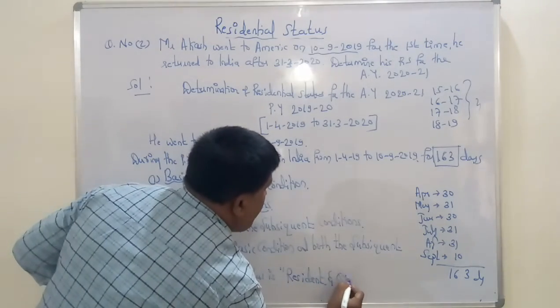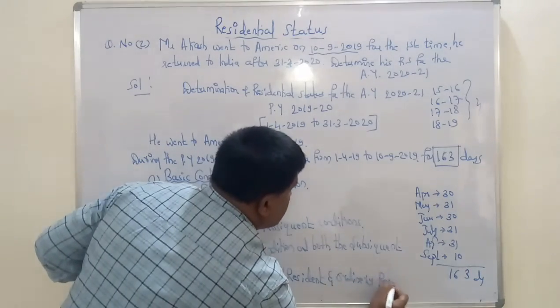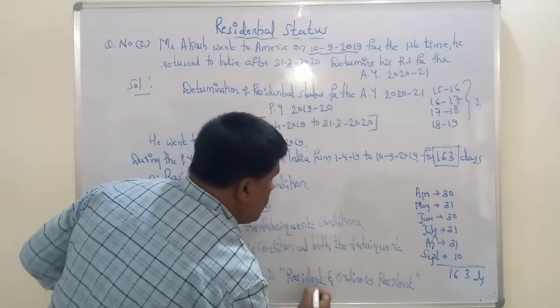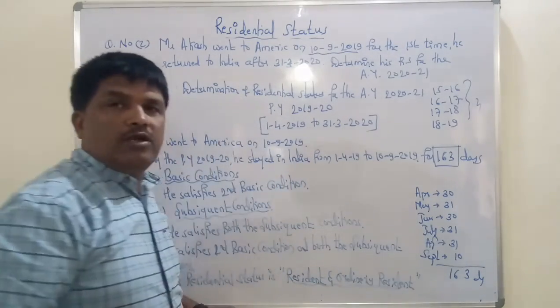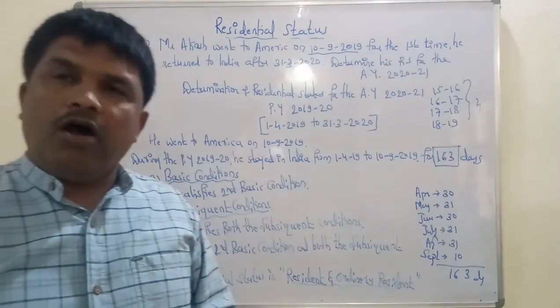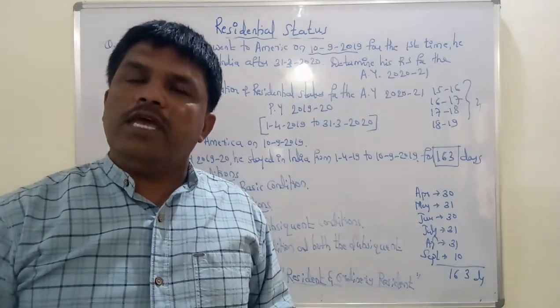Once again I will remind you, you can write resident and ordinary resident or resident or ordinarily resident. Both give the same meaning.